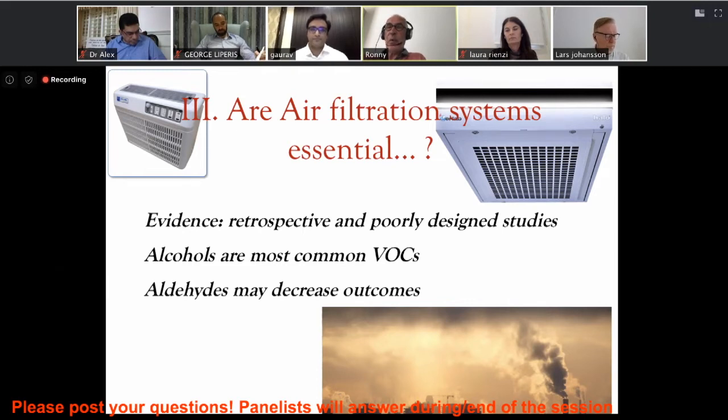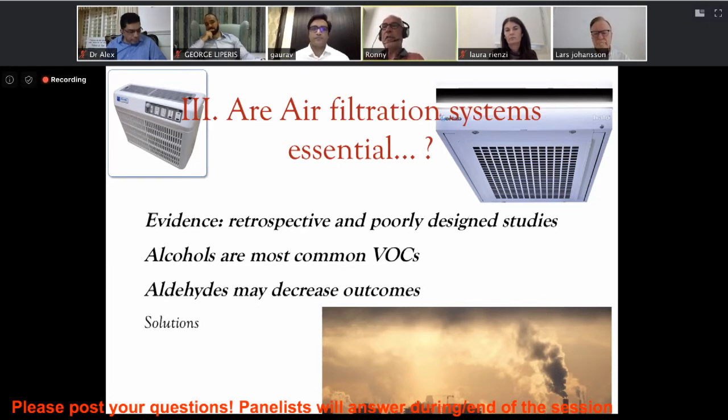But it certainly does help to filter the air. There are reports from centers where the air handling system has been renovated, and there are clear differences before and after installing a proper air handling unit.